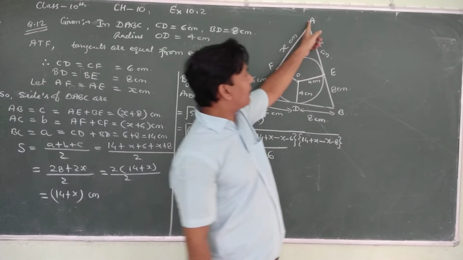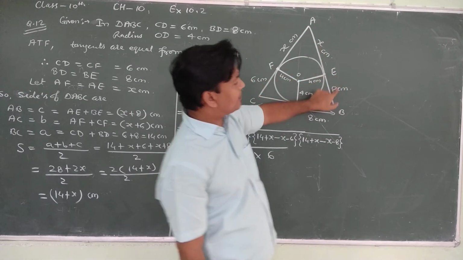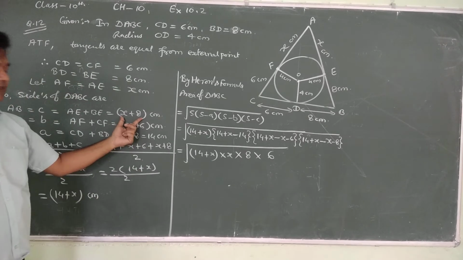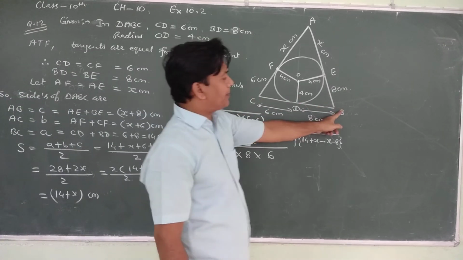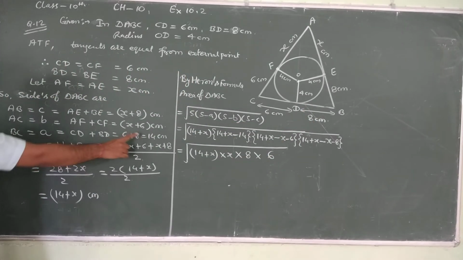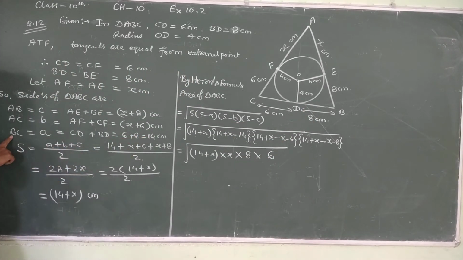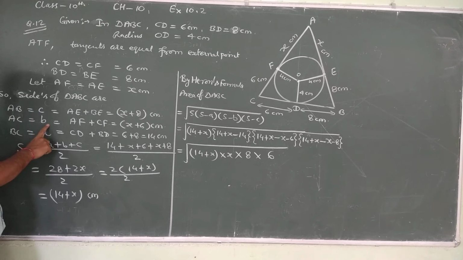And AB is the sum of AE plus BE, that is x plus 8. The length of BC is CD plus BD, which means 6 plus 8, 14. So BC is called small a, AC small b, and AB small c.